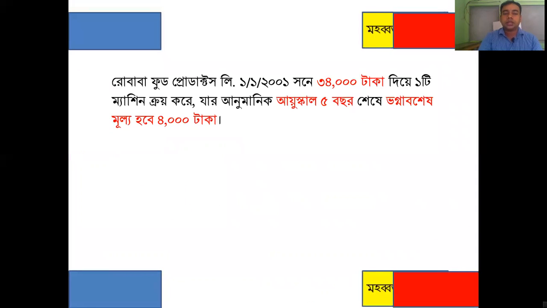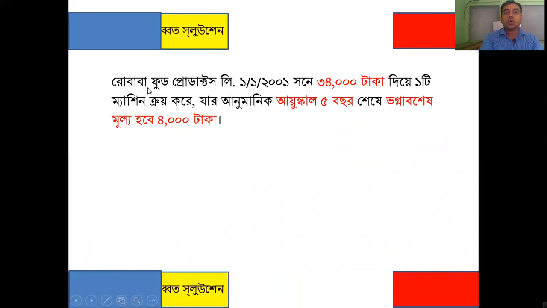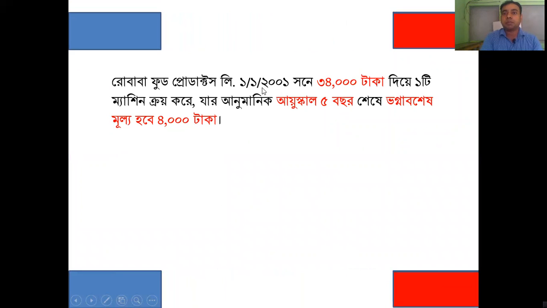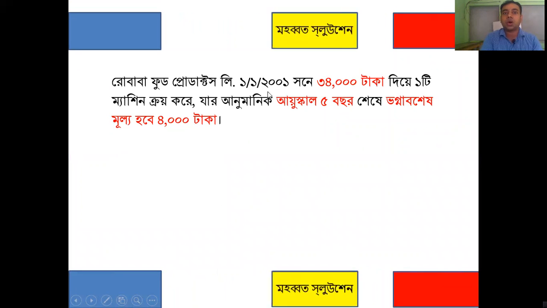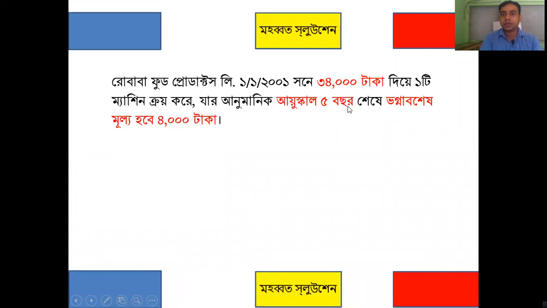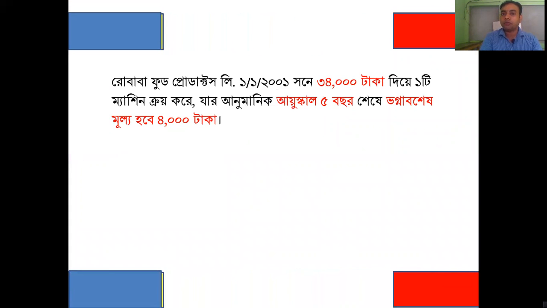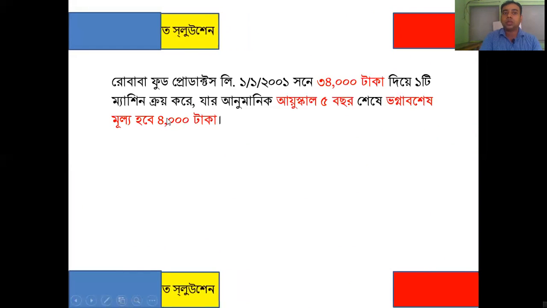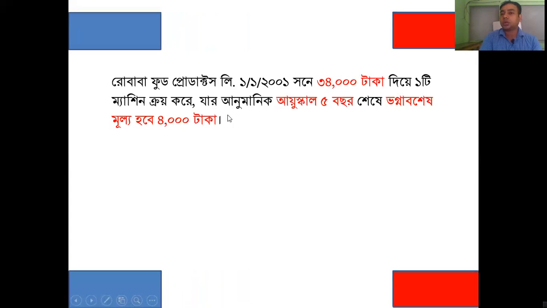So the problem is here. Rubaba Food Products Limited purchased a machine on 1st January 2001. Its estimated useful service life is 5 years. At the end of the 5 years, its salvage value will be Taka 4,000.